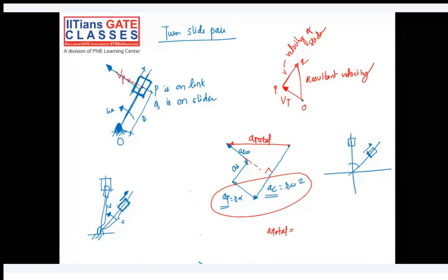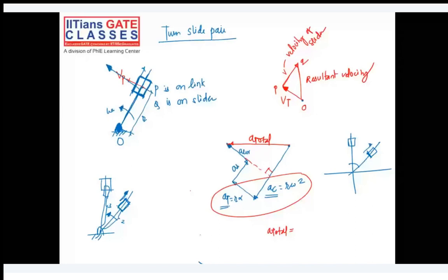How you can roughly calculate the total is that basically it's a right angle triangle. For this figure, I'll once again explain how I have chosen this Coriolis component of acceleration.